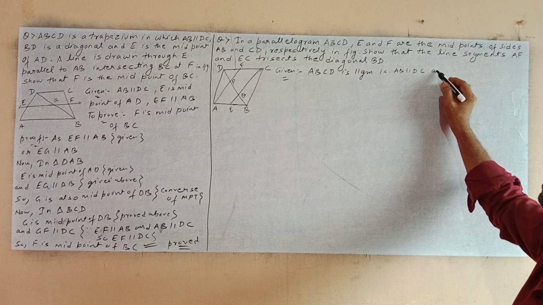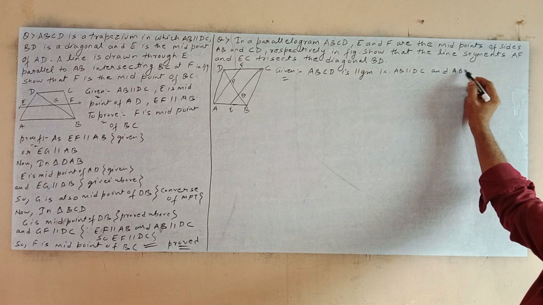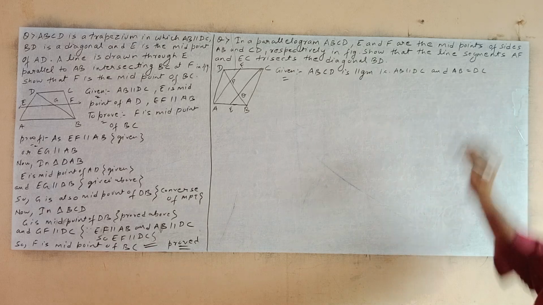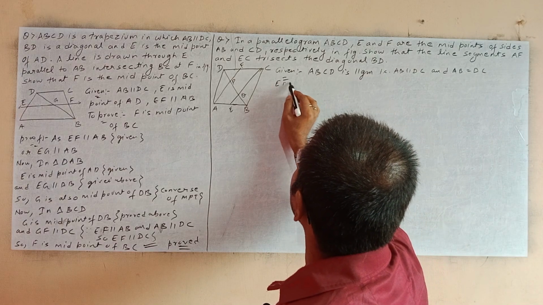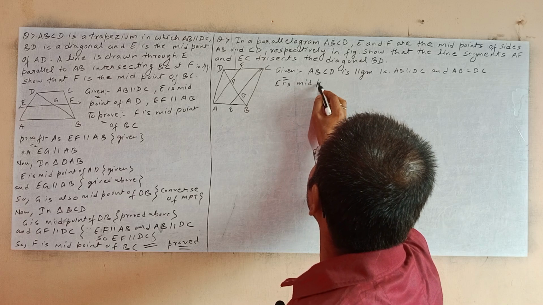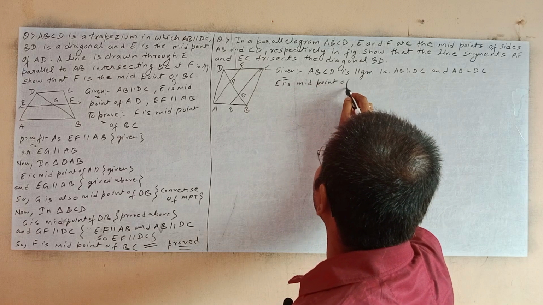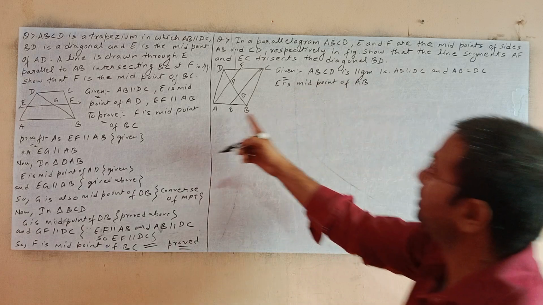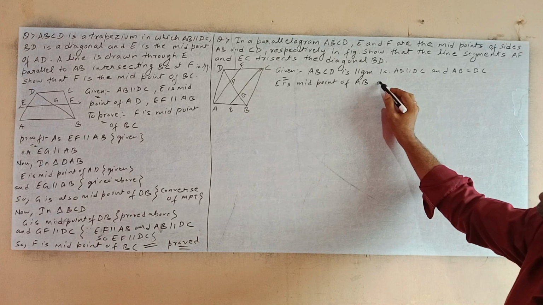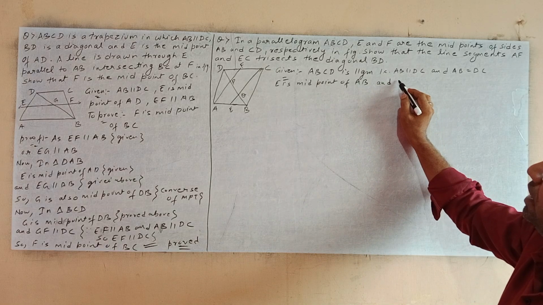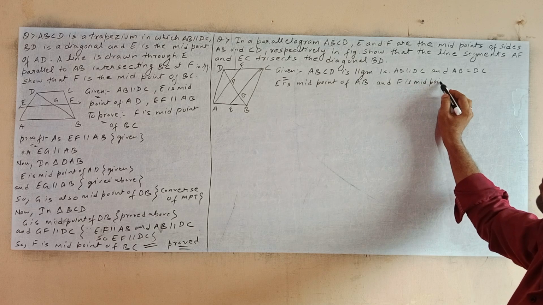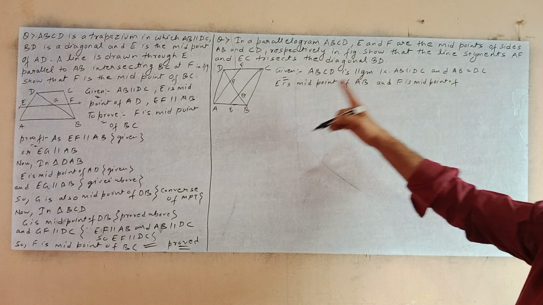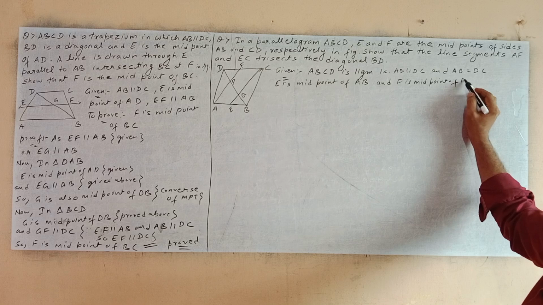And AB is equal to DC. Second thing given: E is the midpoint of AB, and F is the midpoint of DC.